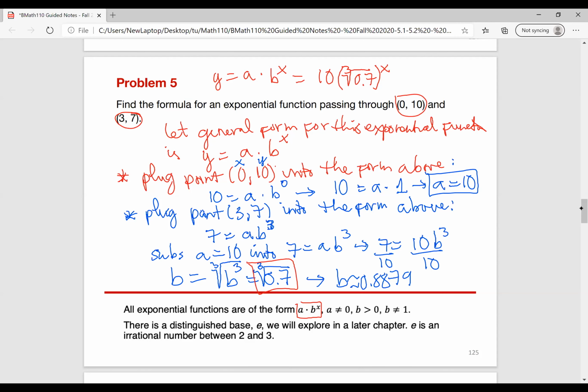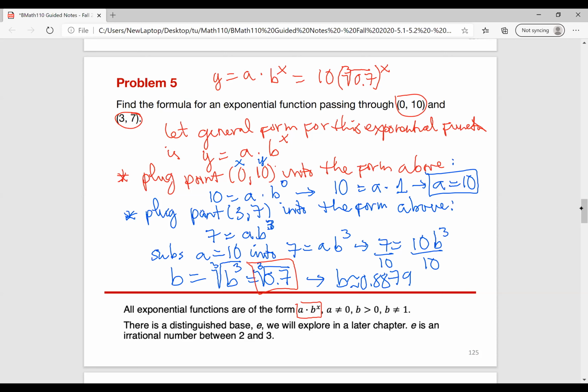So that should be the function it needs for the exponential function.